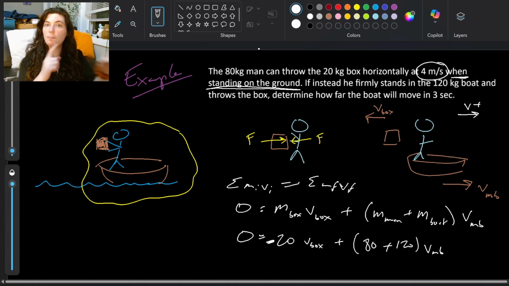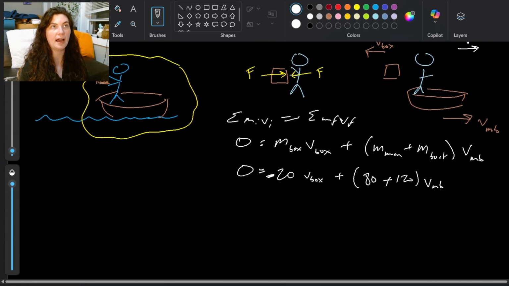But now both the box and the man are moving. So because both are moving now, it is not just 4 meters per second. That 4 meters per second is relative between the box and the man. And it's been a while since we've seen this relationship, but we're going to have to use our kinematic relationship where we have relative velocity.